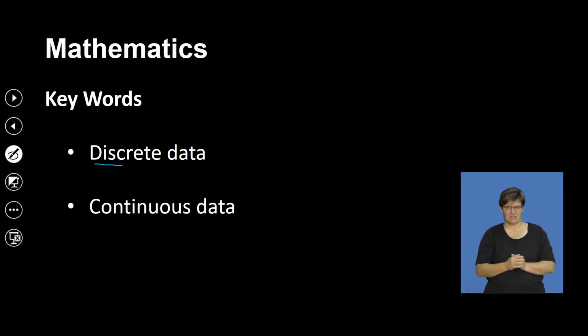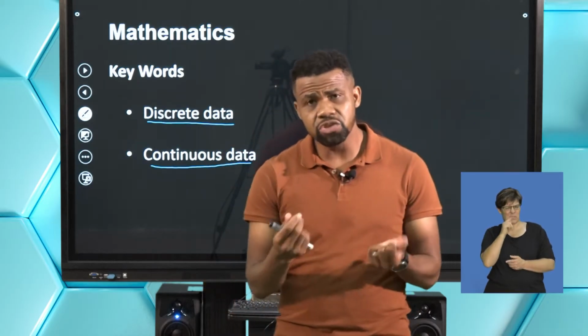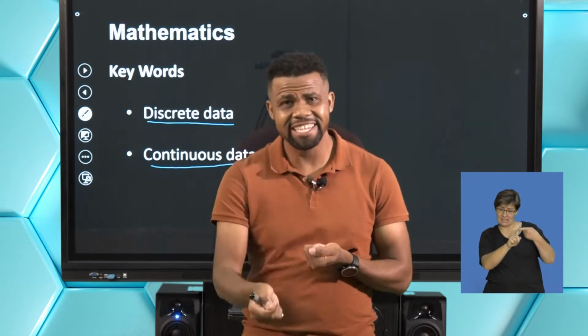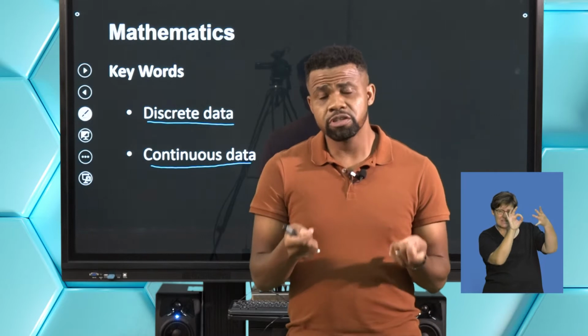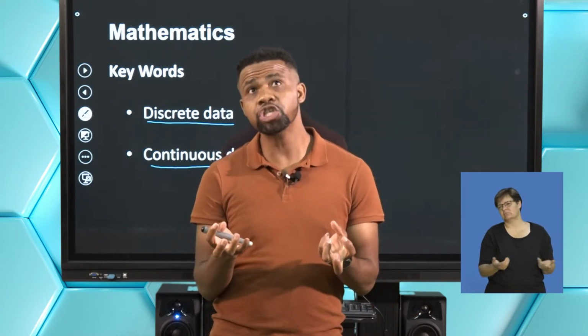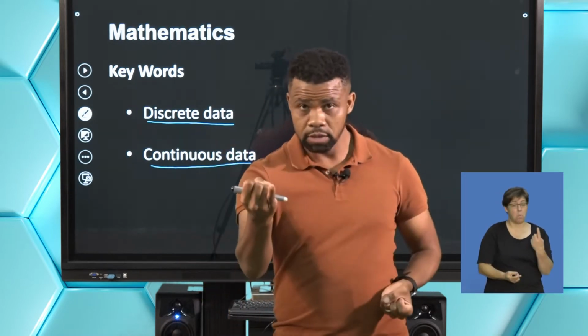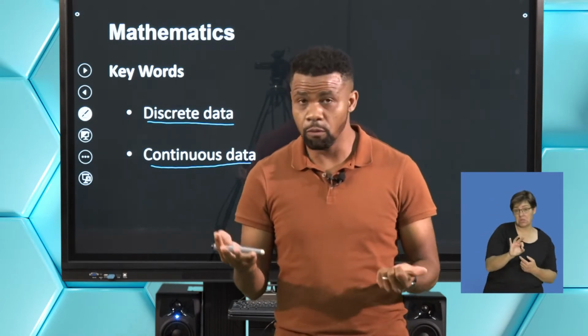What is discrete data and what is continuous data? Discrete data takes a specific value. A discrete data example, can I think of something discrete? It might be if I roll a die, I'll get what? 1, 2, 3, 4, 5, or 6, nothing else.